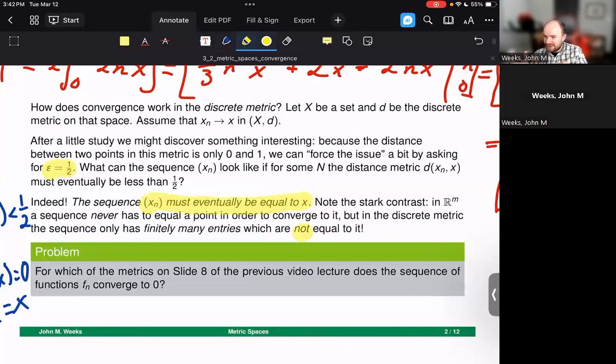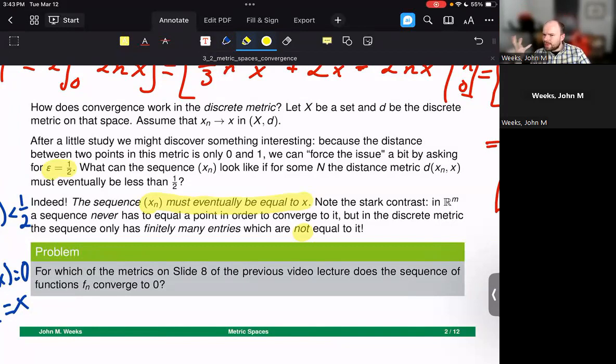So that makes it very hard to converge inside of the discrete metric. On the other hand, convergence in R^m is a lot easier, because as long as you're picking your points so that they are, geometrically speaking, closer and closer to this point x that we're converging to, then the x_n should converge to x.